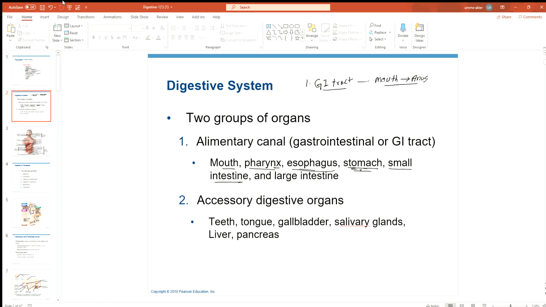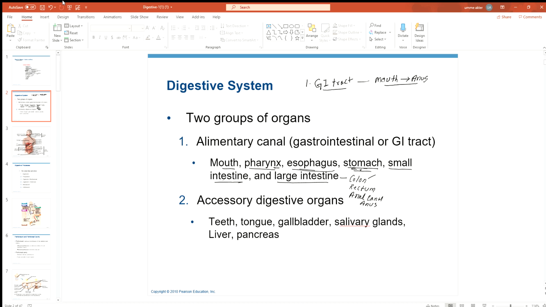And after the small intestine, you have the large intestine. In the large intestine, you have the colon. Then you have the rectum, the anal canal, and the anus.